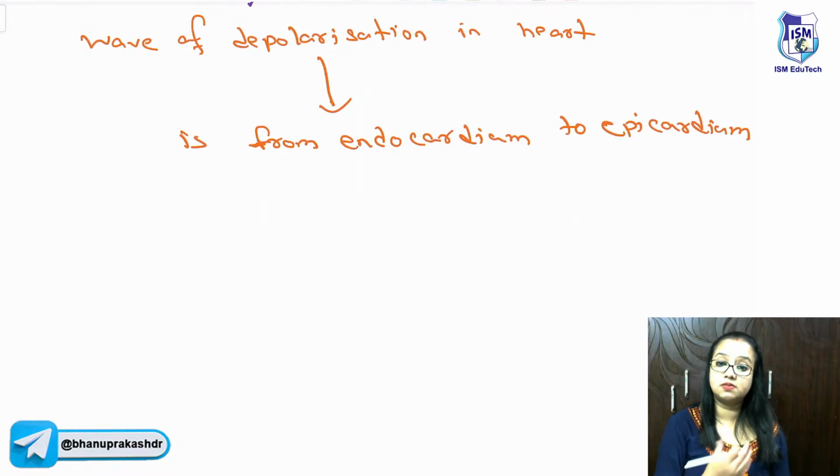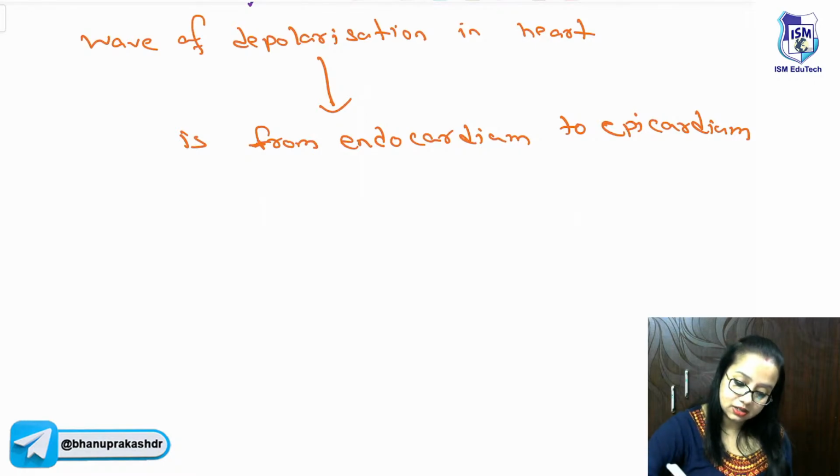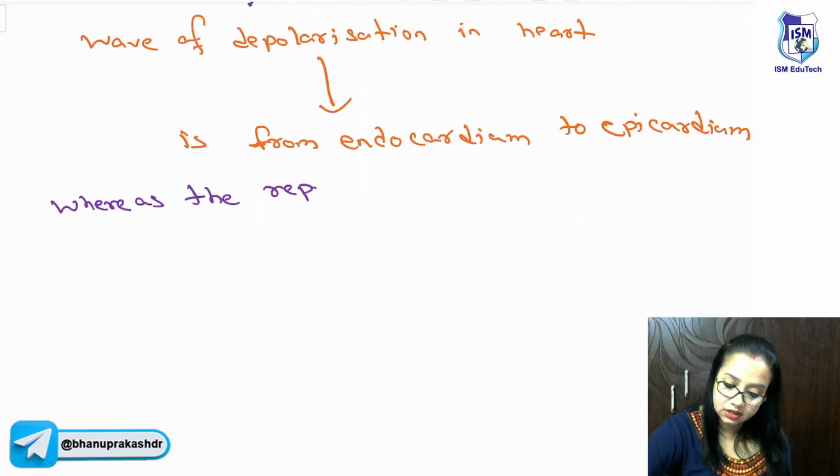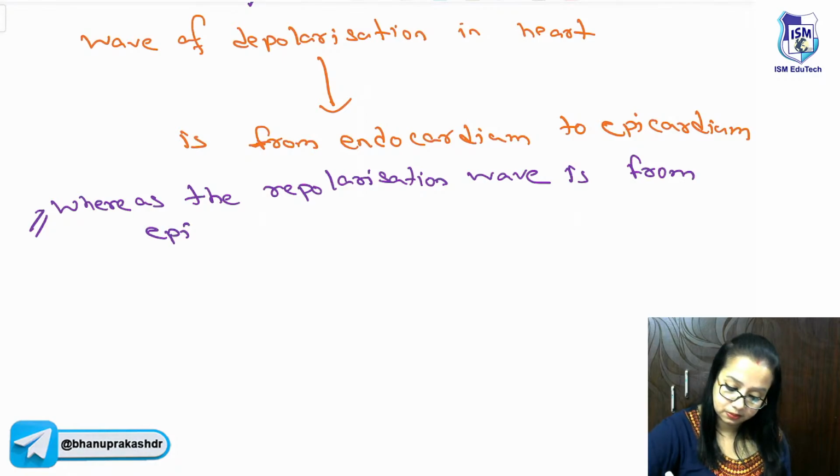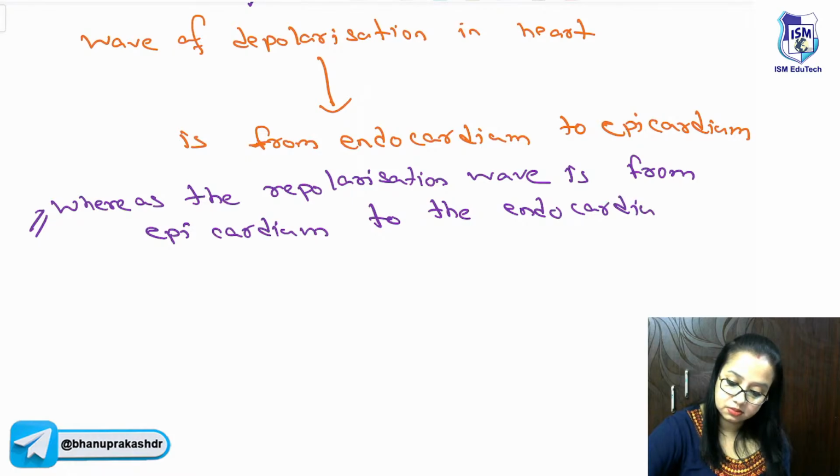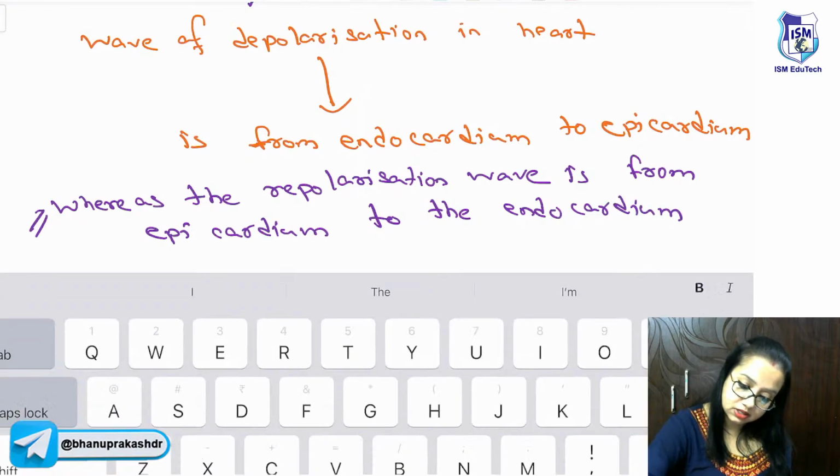Means the depolarization first starts with the innermost layer, that is the endocardium. Then it moves to the epicardium. Whereas the repolarization wave is in the opposite direction, from the epicardium to the endocardium.